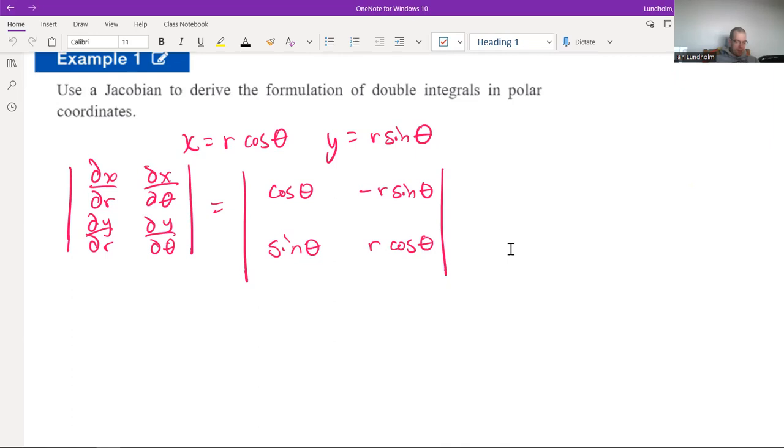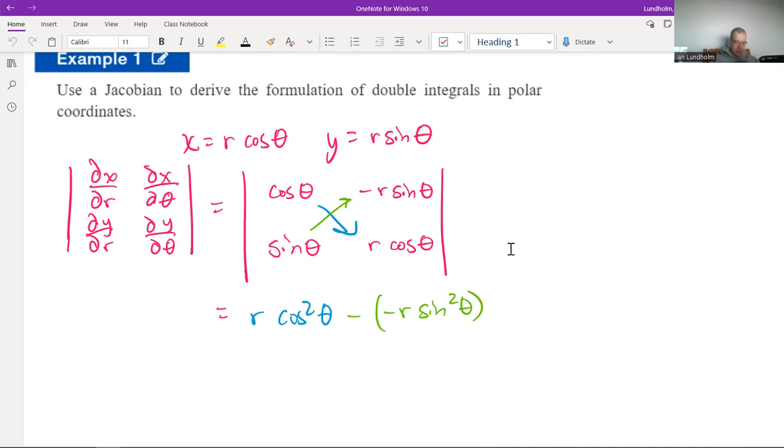I mean, we've got to solve it out. We do main diagonal minus the off diagonal, and we're looking at both of those products. So we've got r cosine squared theta for that first one, and then we would be subtracting off minus r sine squared theta.